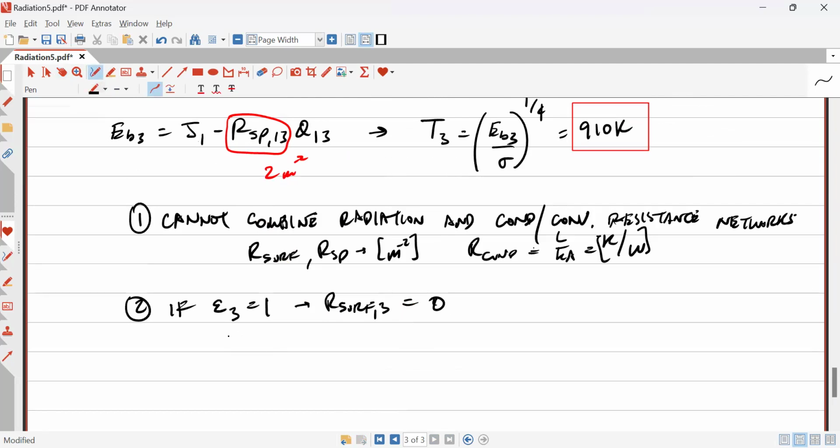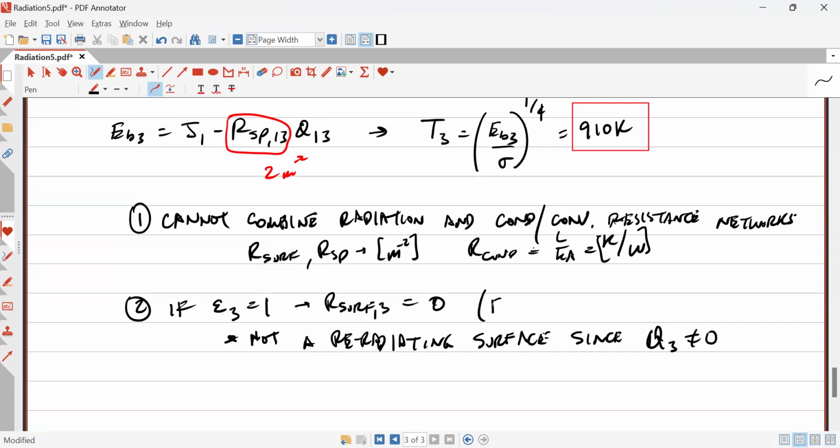So you can say here that it is not a re-radiating surface, since Q3 is not equal to 0.